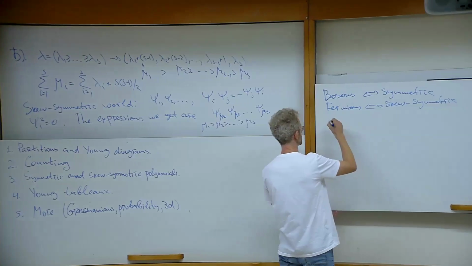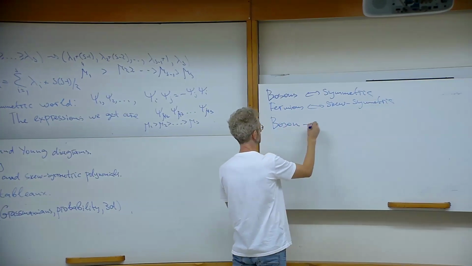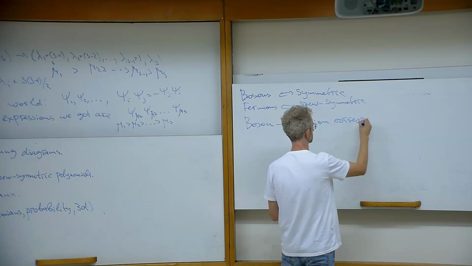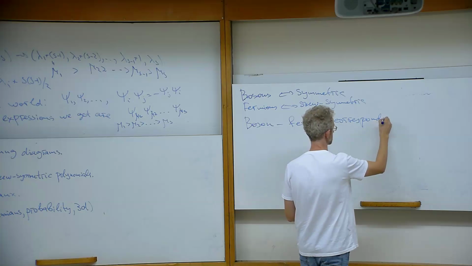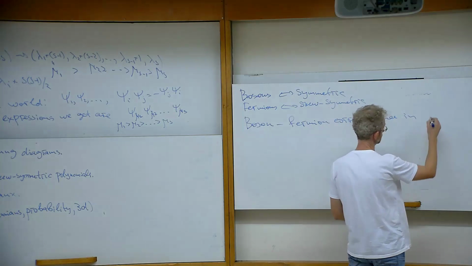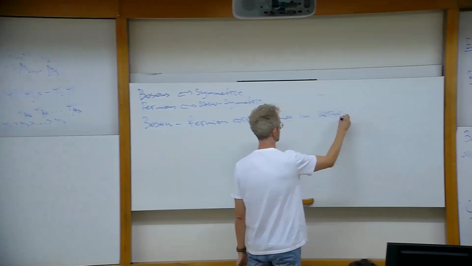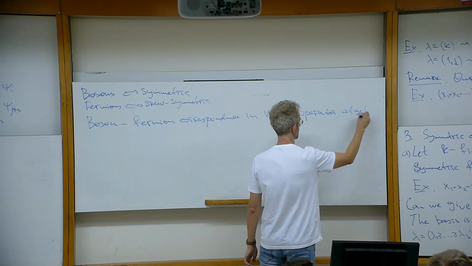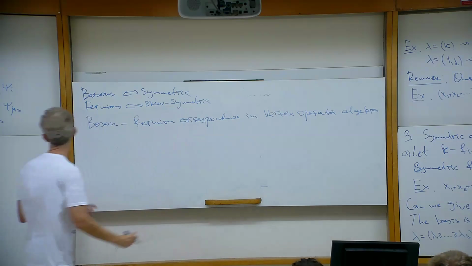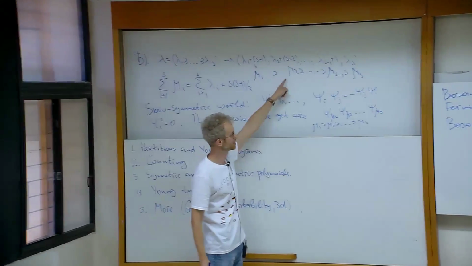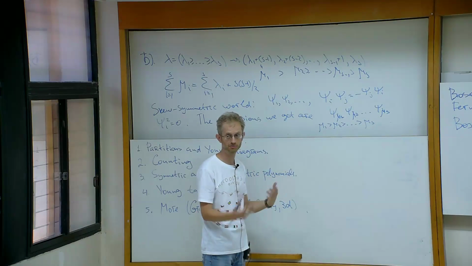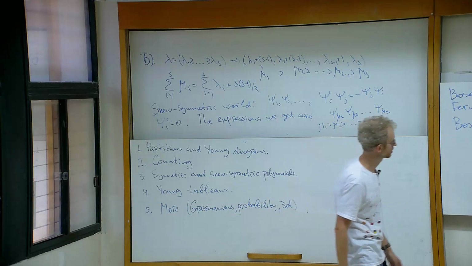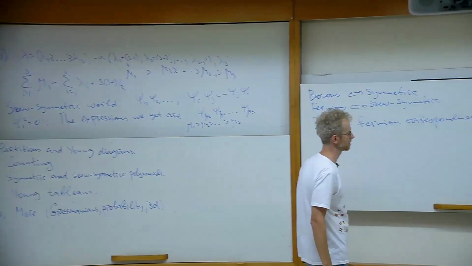For example, there is something called the boson fermion correspondence in vertex algebra theory, which is somehow the expansion of this observation that symmetric and skew symmetric guys are related. Of course I'm not going to talk about this, it's just a side remark.